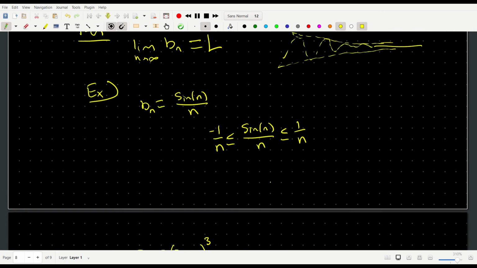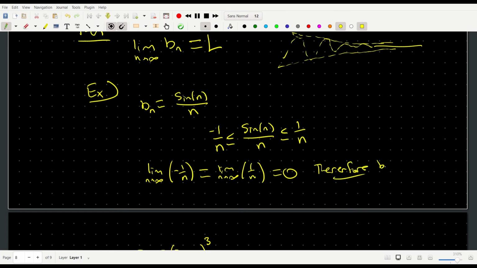And we know that the limit as n goes to infinity of negative 1 over n is the same thing as the limit as n goes to infinity of positive 1 over n. They're both equal to 0. So therefore, by the squeeze theorem, the limit as n goes to infinity of sine of n over n must also be equal to 0.